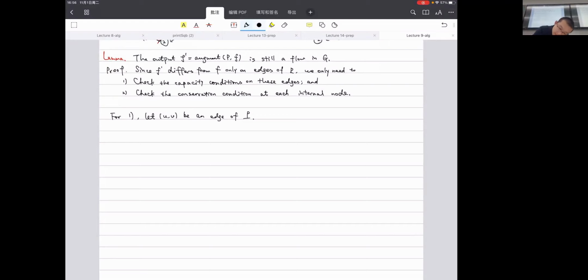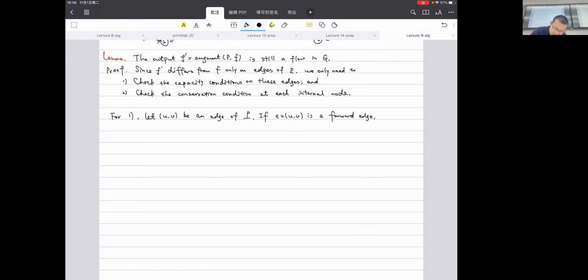If e equals UV is a forward edge, we need to make a differentiation between different cases. We discuss the case where it is a forward edge, and then the case where it is a backward edge.